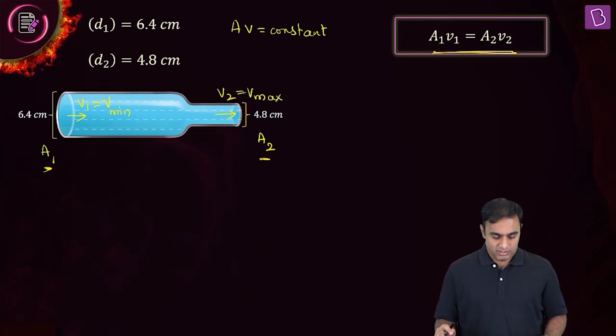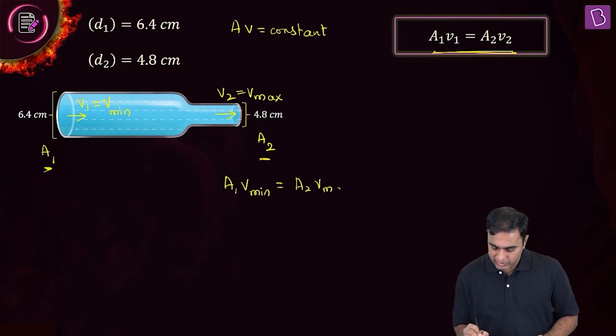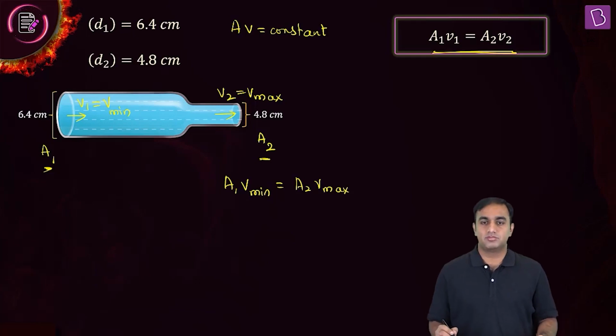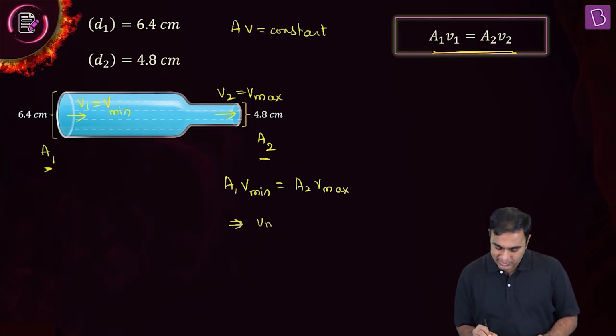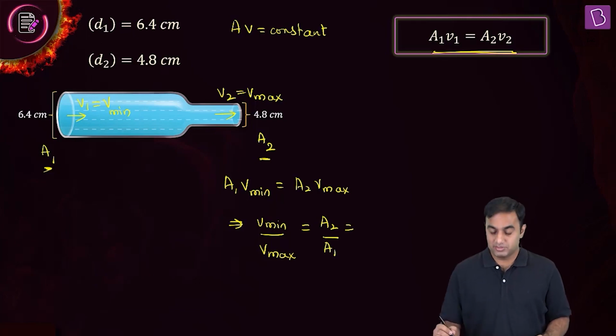So, we are considering V minimum by V maximum, and applying the equation of continuity, we can write A1 into V minimum equals A2 into V maximum. We need this ratio, V minimum by V maximum, and that turns out to be A2 by A1. What is A2?